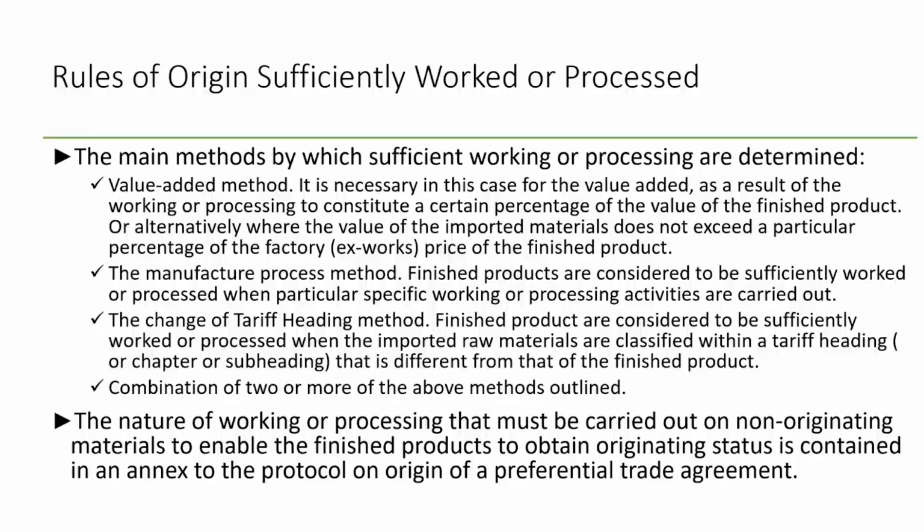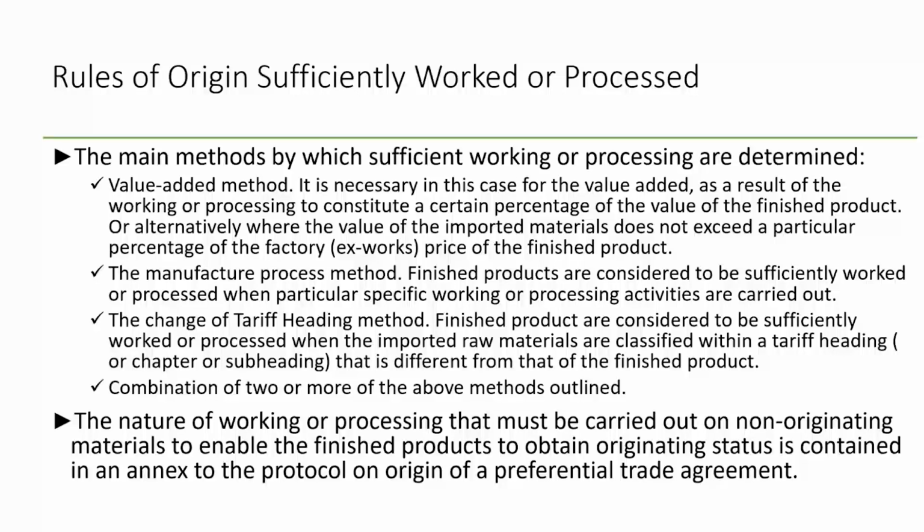For example, a shirt from yarn, right? So it wouldn't be that I could bring in completely finished cotton and turn it into a shirt. I would actually have to transform it from being yarn into the finished product before I'd be able to claim origin, right?